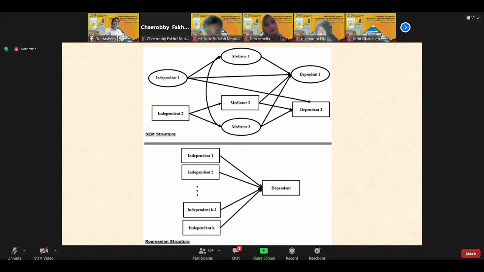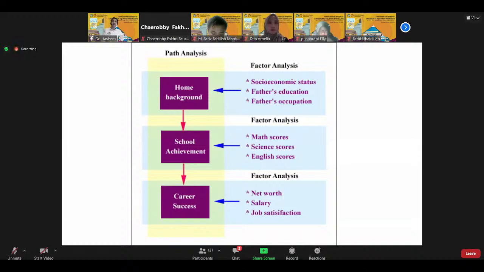If you know structural equation modeling and how to design your research framework, you can do so many things. You can model causal relationships with a wide variety of variables, right? So this is the main difference between structural equation modeling and regression.